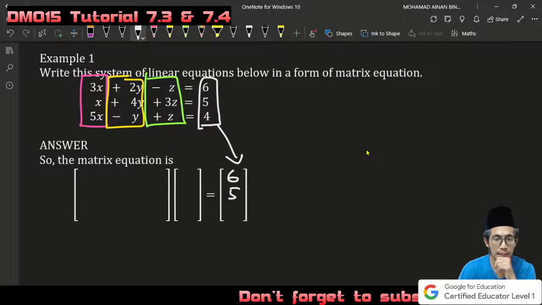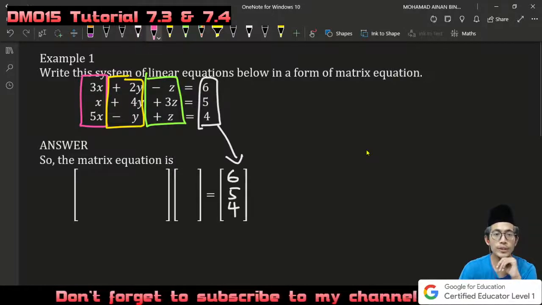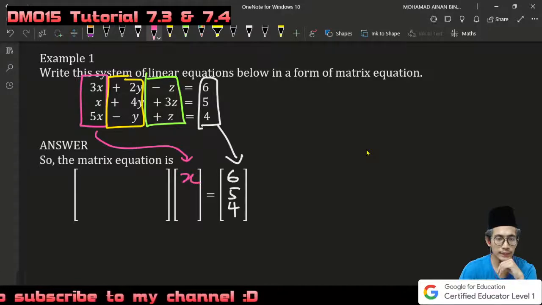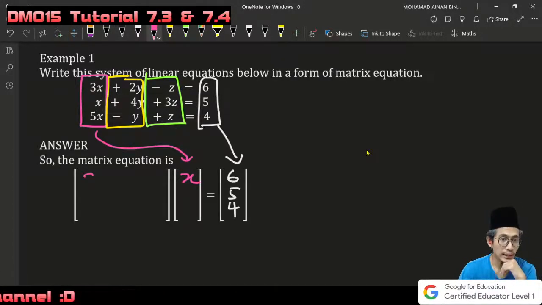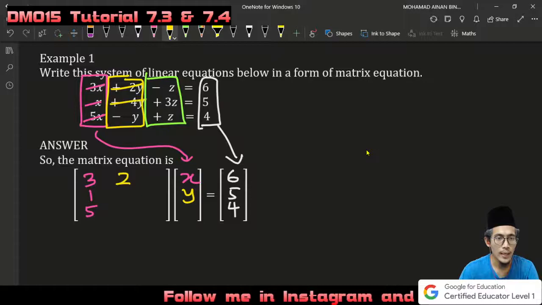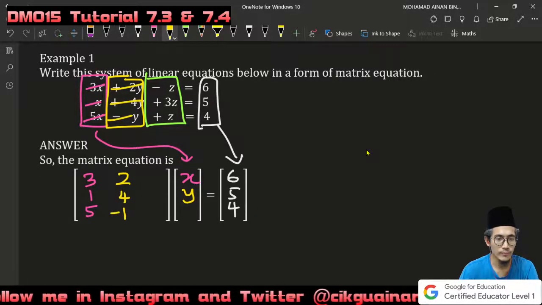Okay, so nak senang, kita letak yang senang dulu. 6, 5, 4. Okay, and then next, what we do? We put the variable. Okay, first column, kita letak dekat first row kat sini. Okay, so what is the variable of X? 3, 1, and 5. Okay, next. Y, variable of Y. Okay, 2, positive 4, minus 1.